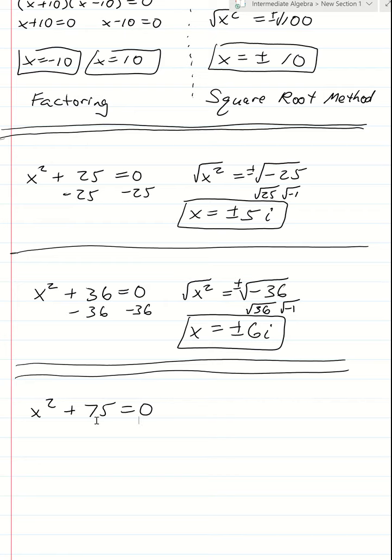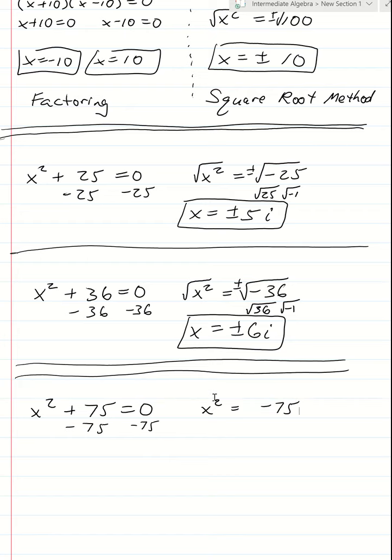Now this is not factorable by any means necessary, and so that means we're going to have to solve it once again using that alternative square root method. We begin by, of course, subtracting 75 over. That would now give us an x squared on the left equaling a negative 75 on the right.